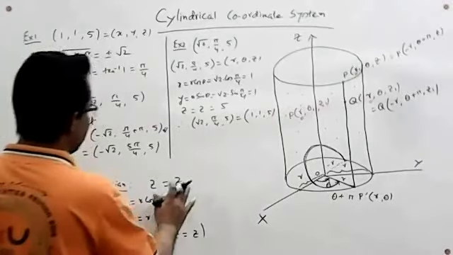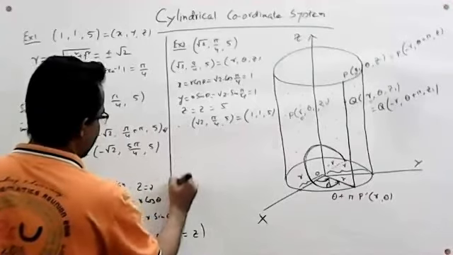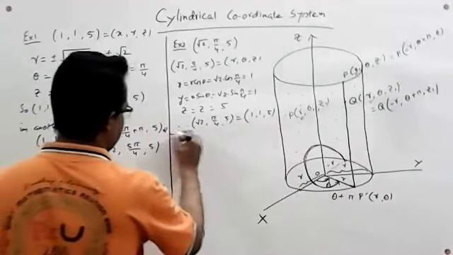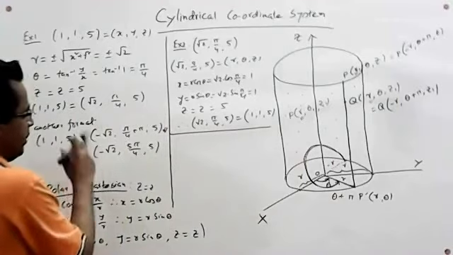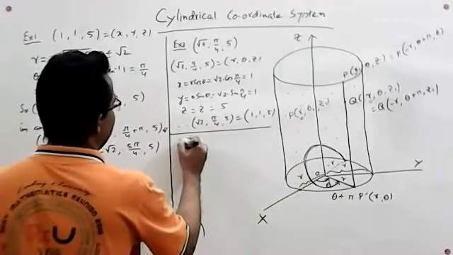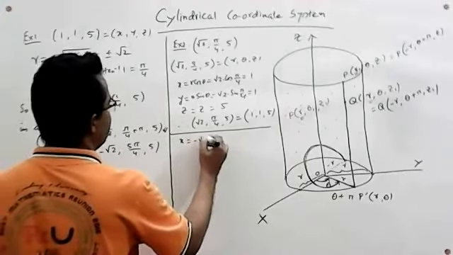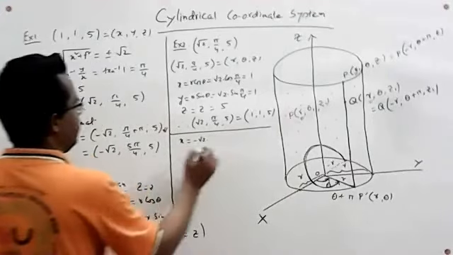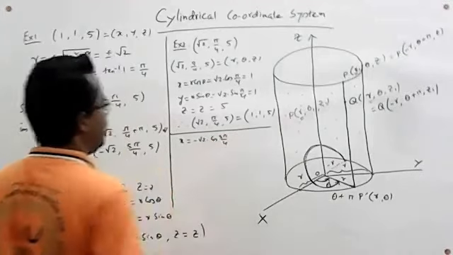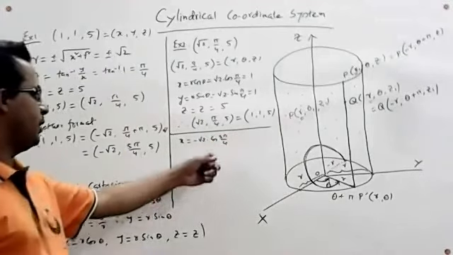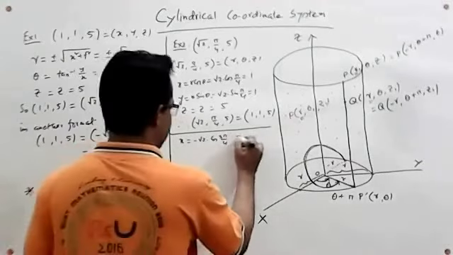And we are trying to get back this point by another representation. So we see what will happen there. x equals r cos theta, where r equals minus root 2, and cosine 5 pi by 4. We know that cosine 5 pi by 4 is equal to minus 1 by root 2, which results in 1.